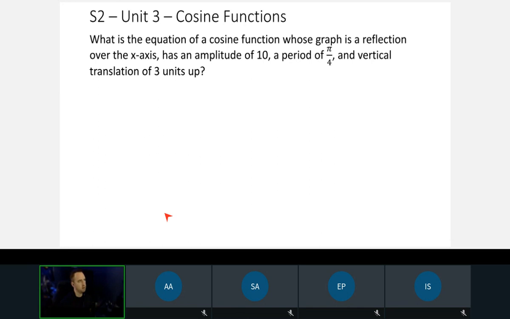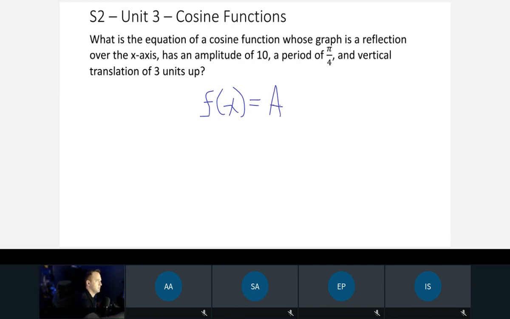Let me write something out for you. Remember, you're going to have your amplitude, I'll just do a capital A for amplitude, and this is going to be a cosine function.